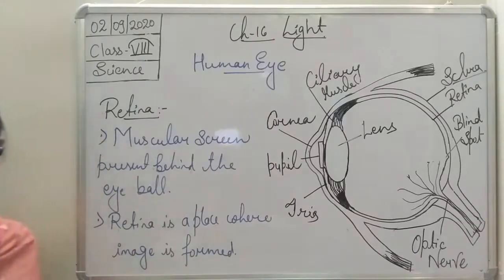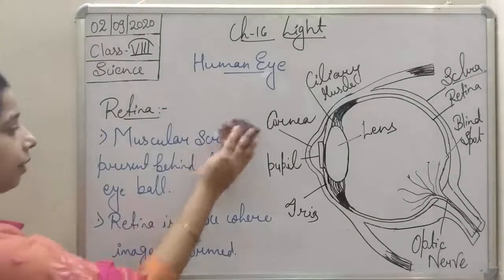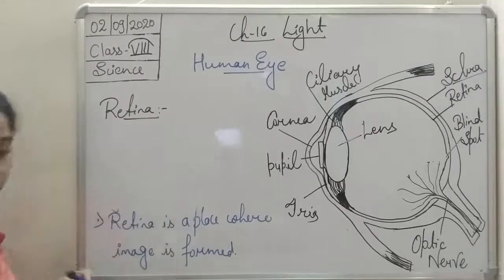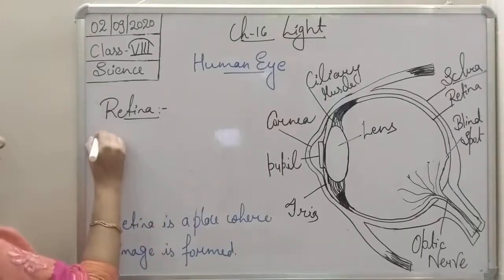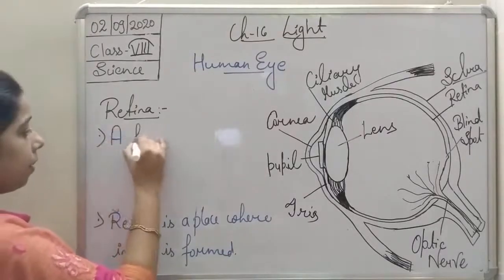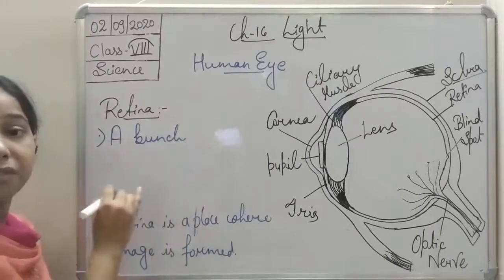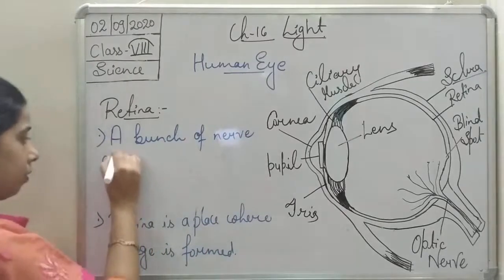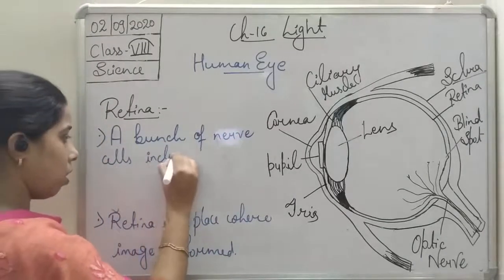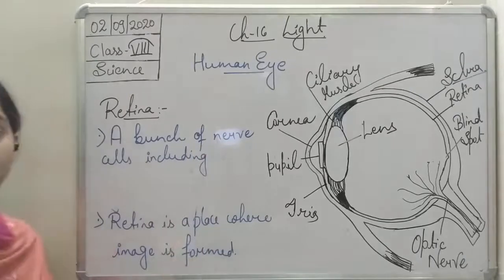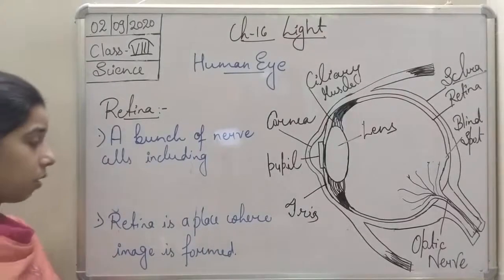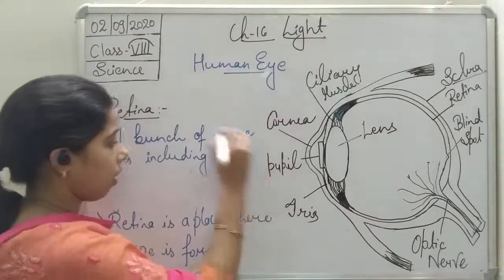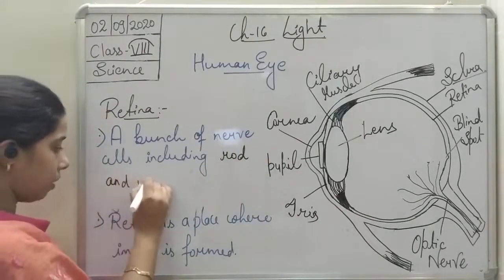Now not only this, student, this retina has a bunch of nerve cells, including rod and cone cells.